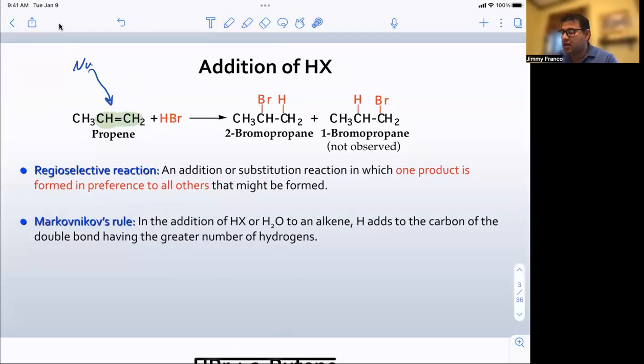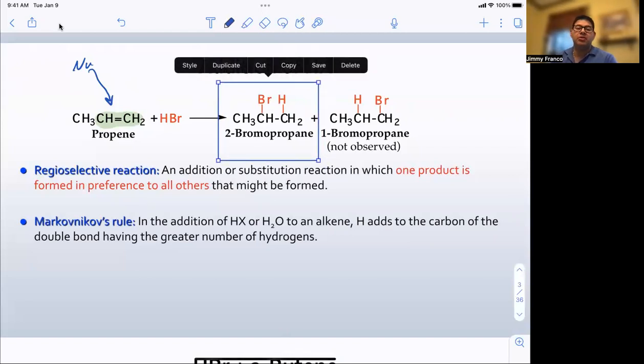And so we see that here in terms of this molecule being the one that's formed. In theory, it looks like we should be able to form both, but we only find the one in the blue box. And the reason for that, and we'll go through the mechanism, has to do with the intermediate, a carbocation, but it's going to follow Markovnikov's rule.